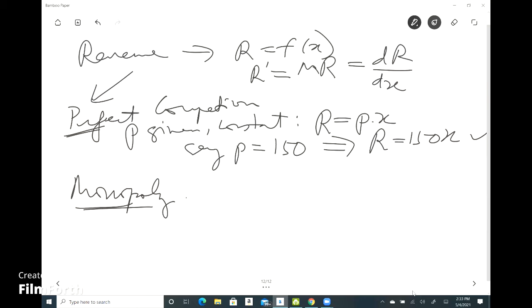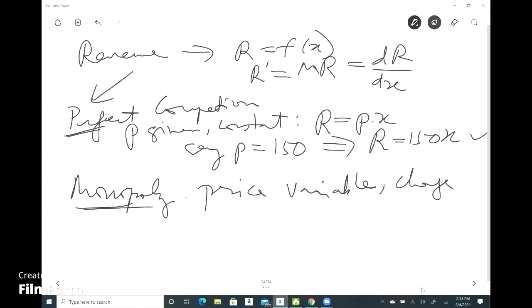The price in a monopoly market is based on the seller. The seller has influence on the price. Okay, so here in monopoly, the price is not a constant. The price is a variable. The price will change.